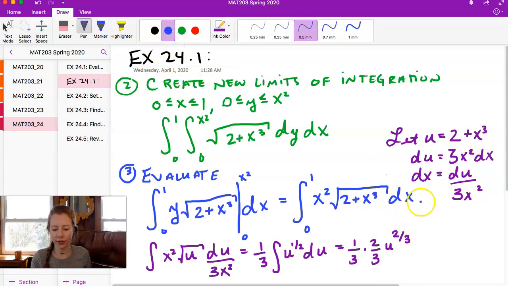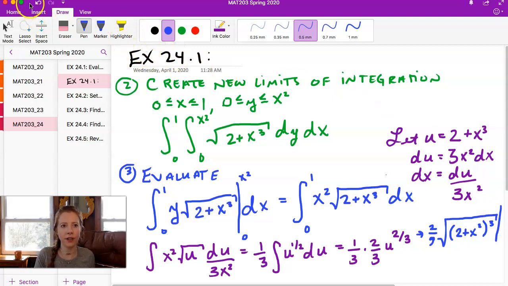So this is going to give us 2/9 times the square root of 2 plus x cubed, evaluated from 0 to 1. And so this is going to be equal to 2/9 times the square root.